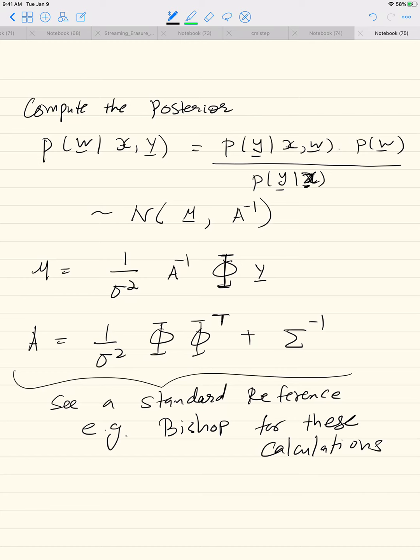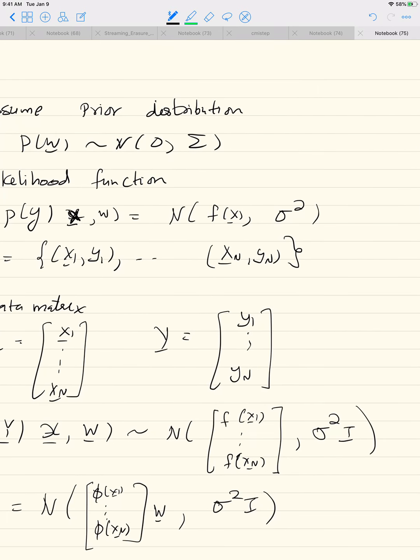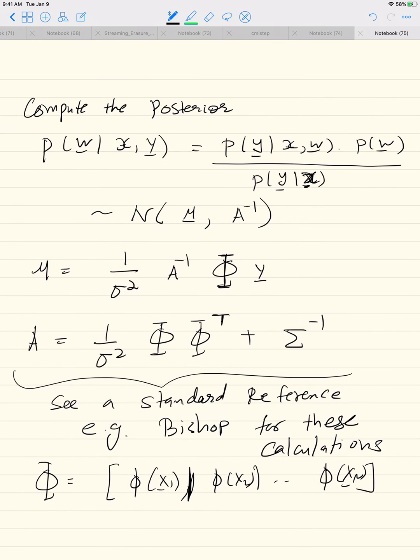I should mention that phi here is actually the row-wise version of the phi matrix, where the columns of phi are the different data points. Phi is the transpose of this matrix. So you arrange the values in the column across different samples.